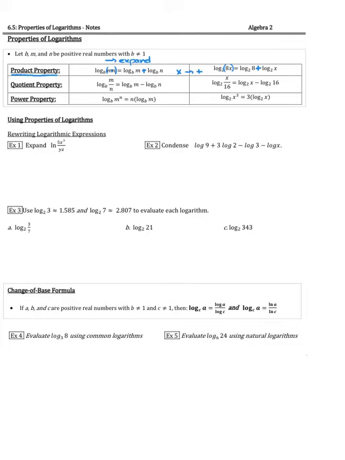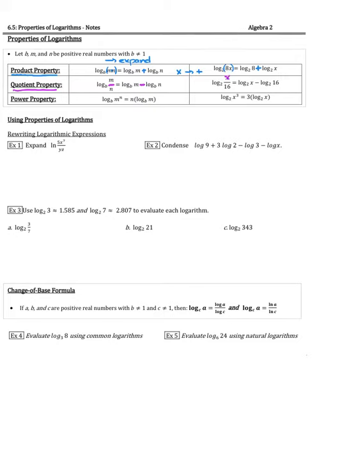And then the quotient property, if you are dividing the two elements in the argument, well, that division symbol kind of looks like a subtraction symbol. You can think of it that way. It's also like when you are dividing common bases in an exponential, then you would subtract each element. So log m divided by n is going to equal log m minus log n.